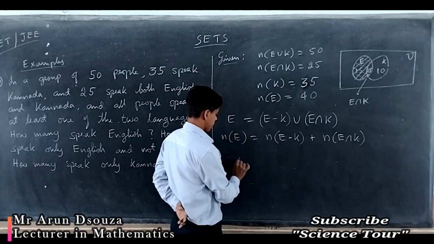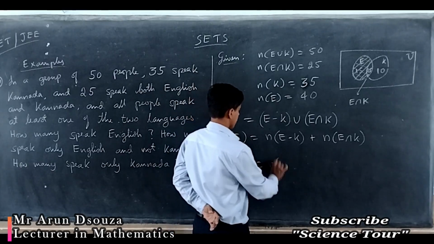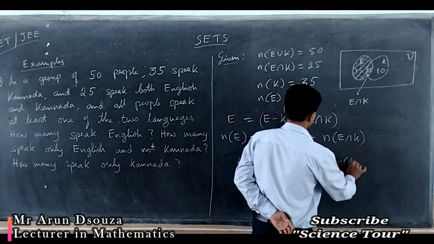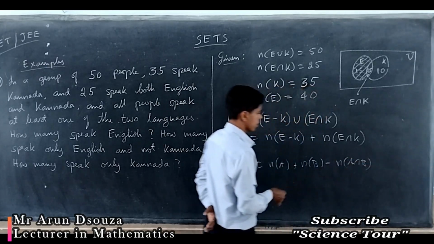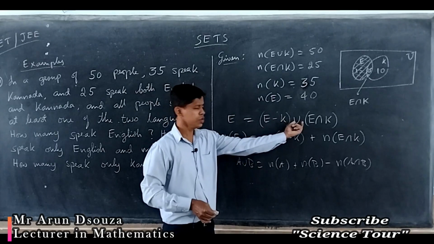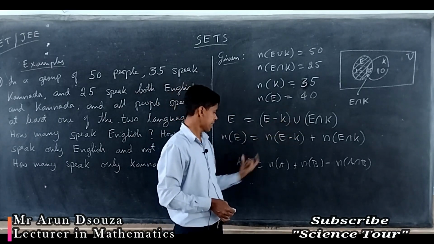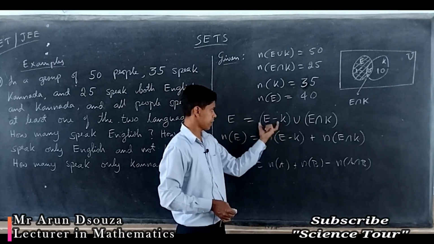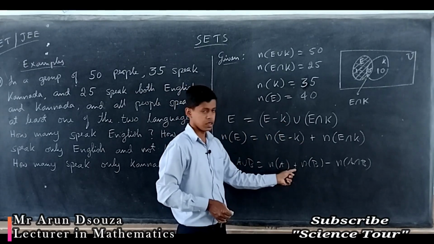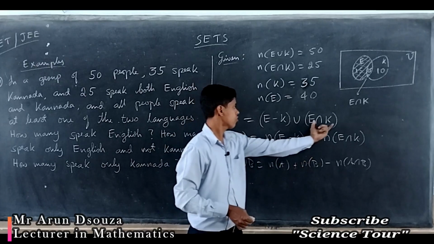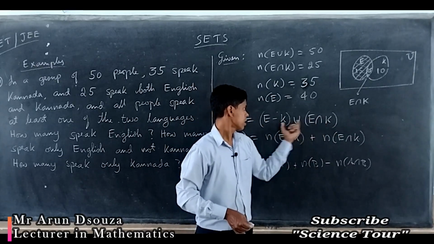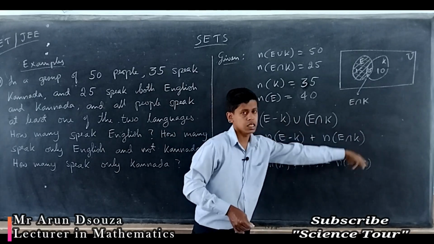If you have A union B, you will write N of A plus N of B minus N of A intersection B, correct? Now you have a union here, so this is like A and this is like B. So I have written N of A plus N of B. I am not writing minus N of E minus K intersection E intersection K. I am not writing that.